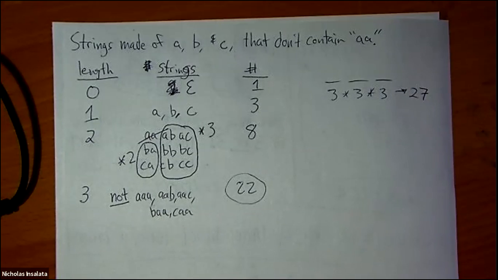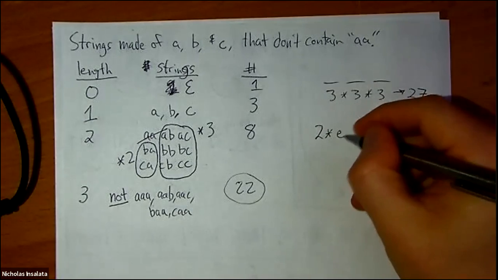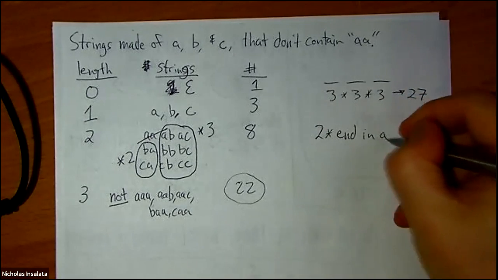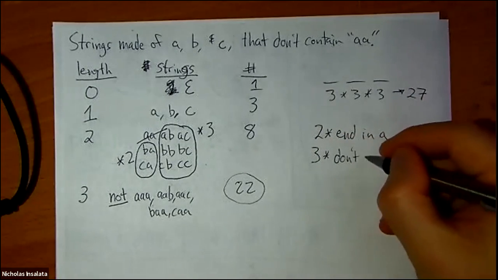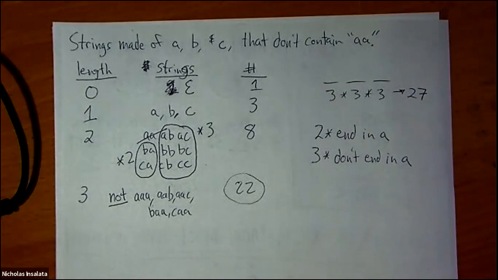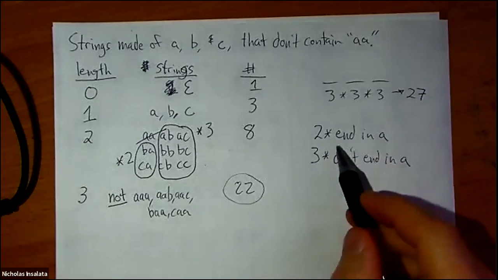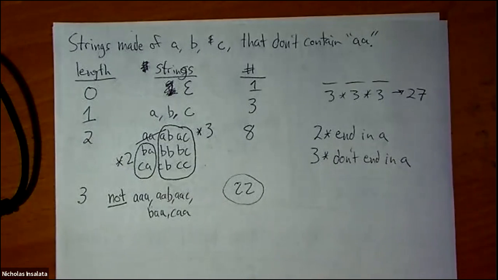So how many from the previous number end in A? Multiply that by 2, and how many from the previous number do not end in A? Multiply that by 3, add them together, and that should work every time. Okay, so here's our idea: 2 times end in A, and 3 times don't end in A. Okay, which means we're going to have to figure out how many end in A and how many don't end in A on the previous level, right?